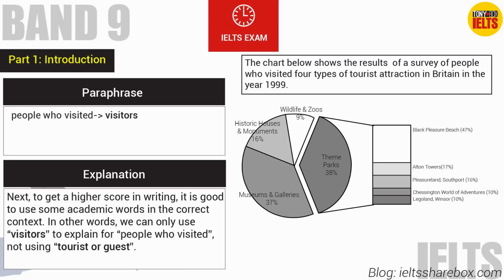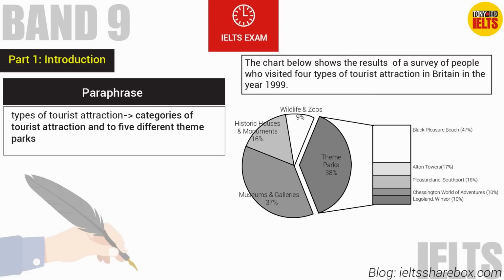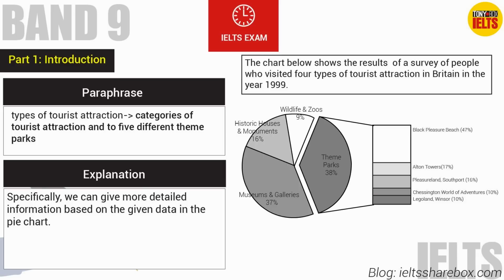Next, to get a higher score in writing, it is good to use some academic words in the correct context. In other words, we can only use visitors to explain people who visited, not using tourist or guest. Specifically, we can give more detailed information based on the given data in the pie chart.